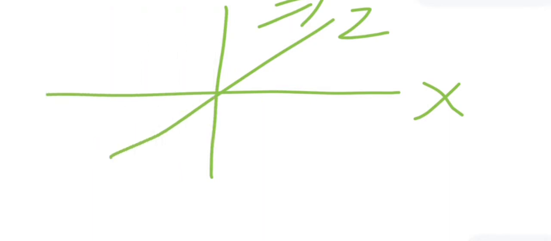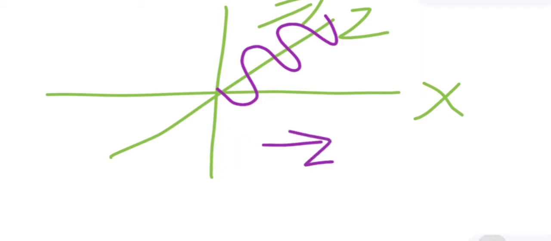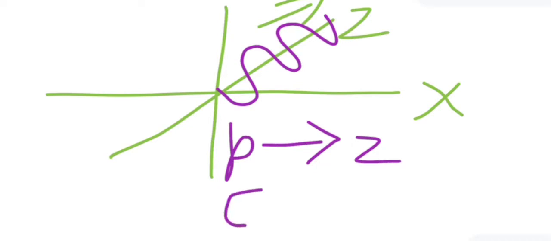The electric field is in this way, and the propagation is along Z. The changing electric field is along the x-axis, which means parallel to the ground.